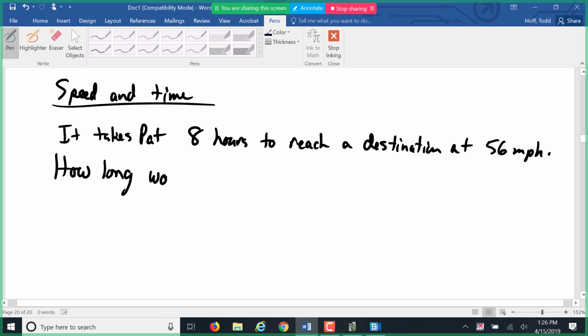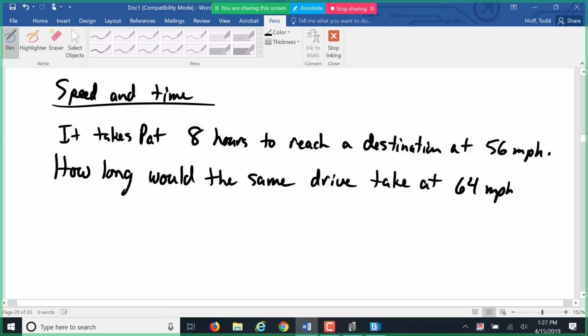How long would the same drive take at, let's do 64 miles per hour.